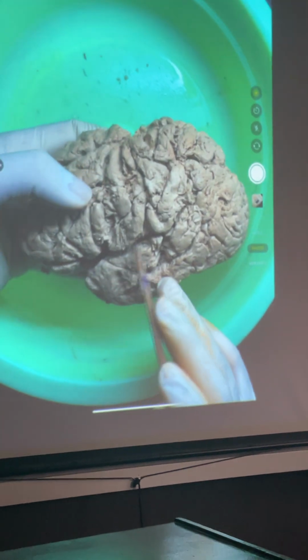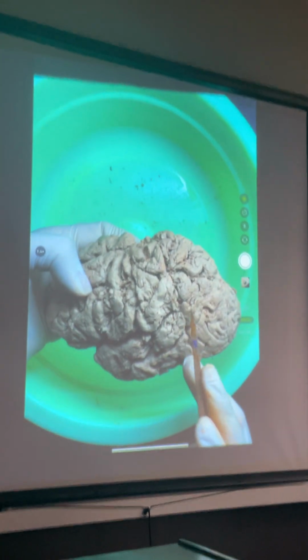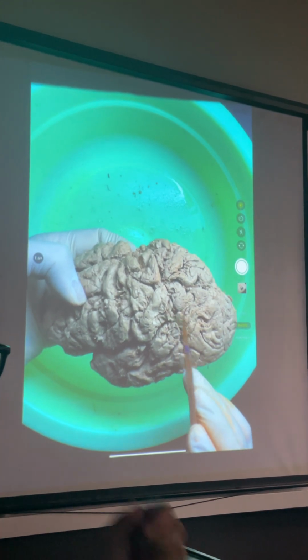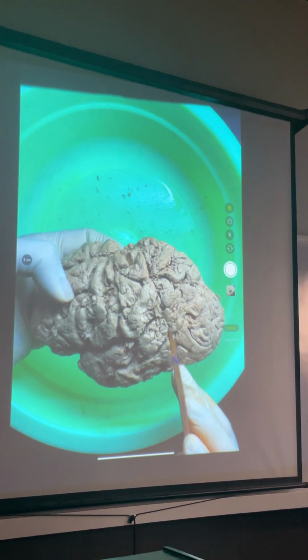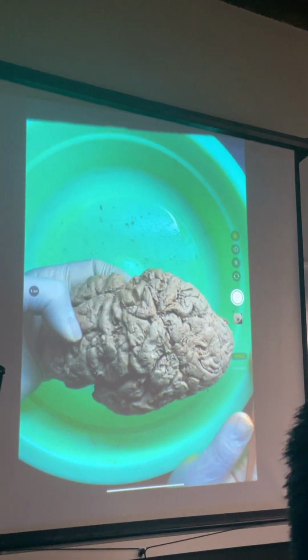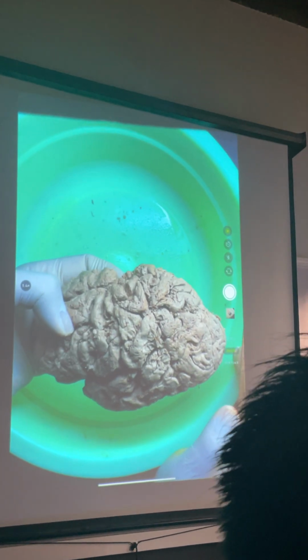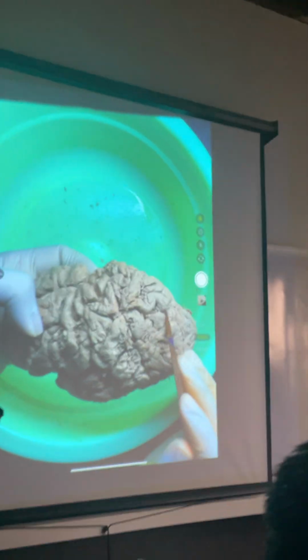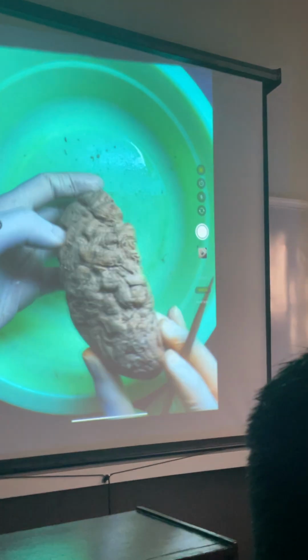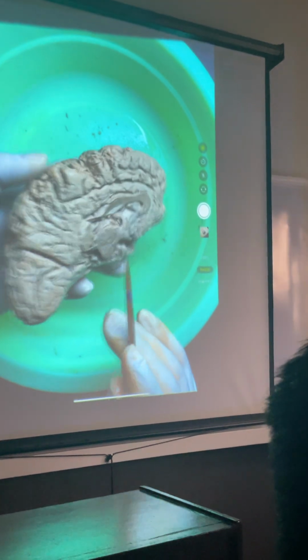At the tip of the sylvian fissure, you have what is known as the supramarginal gyrus. And just below it is the angular gyrus. And that's it. Do you see it? Yes. Now, I'll let you see the occipital side of things, the medial side.